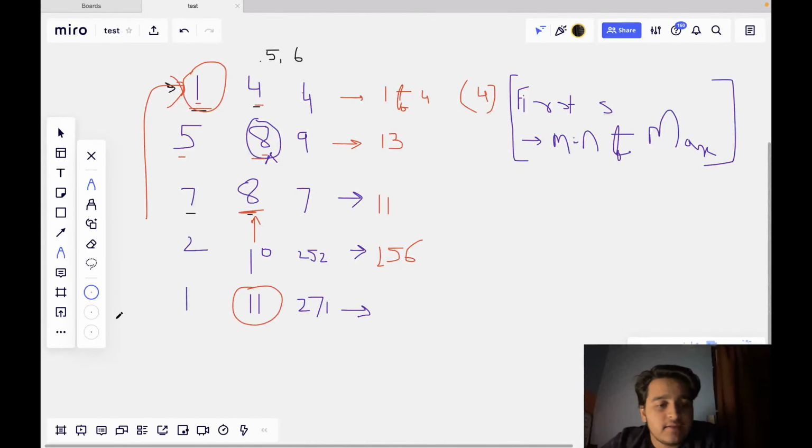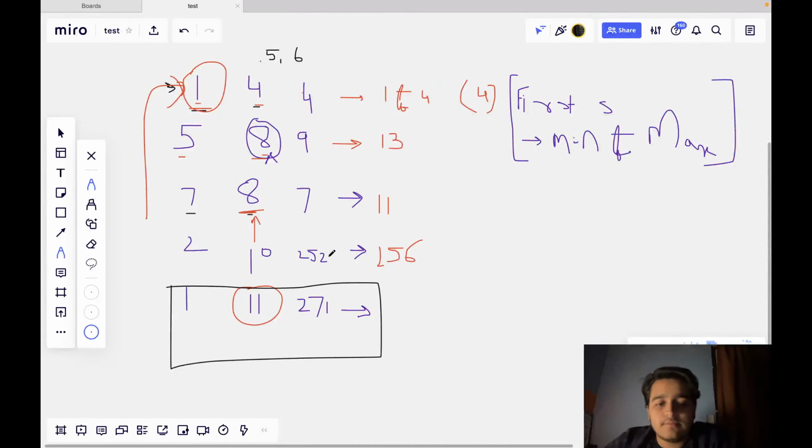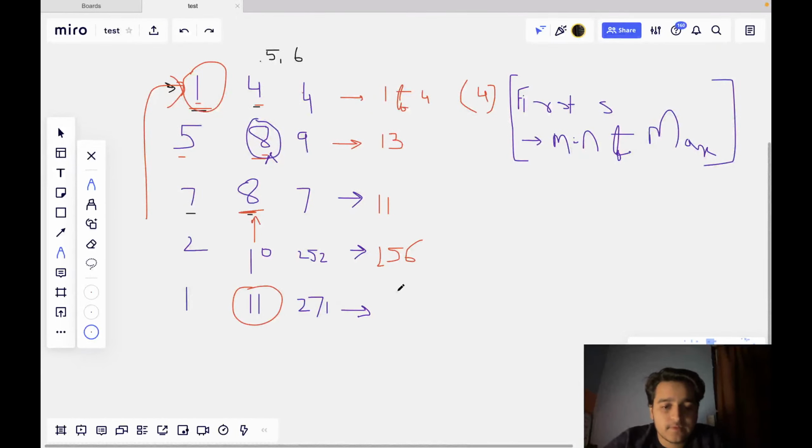I can just buy this 1 to 11 segment, and it will complete all the integers from 1 to 11. So the answer for this test case is exactly the number of coins I have to pay for this segment.